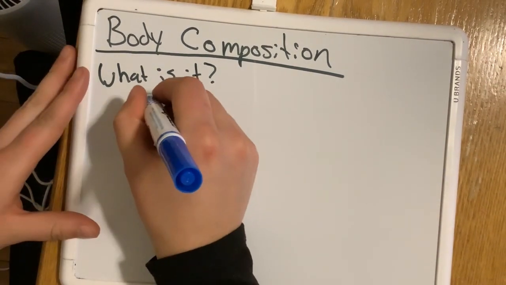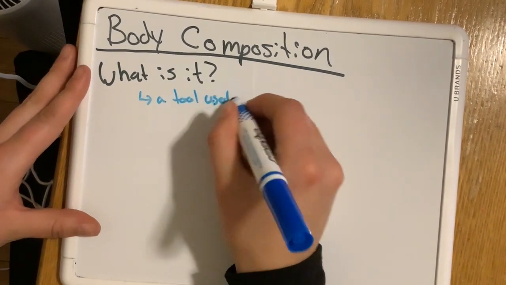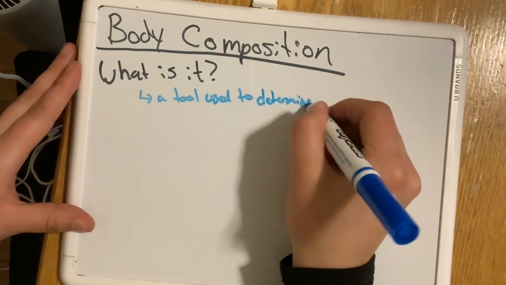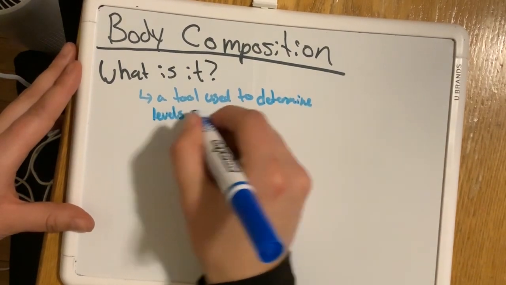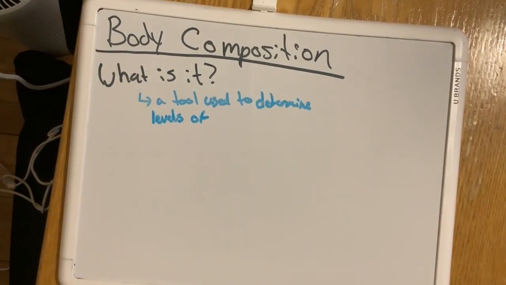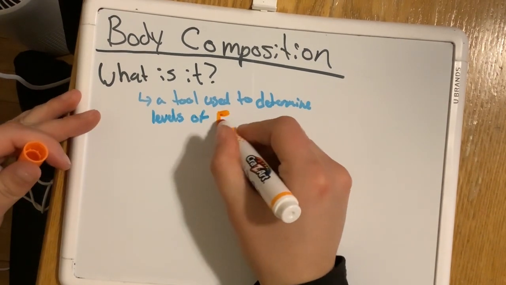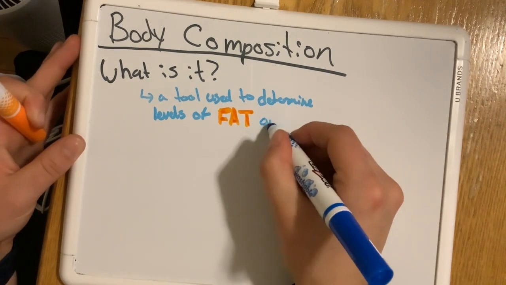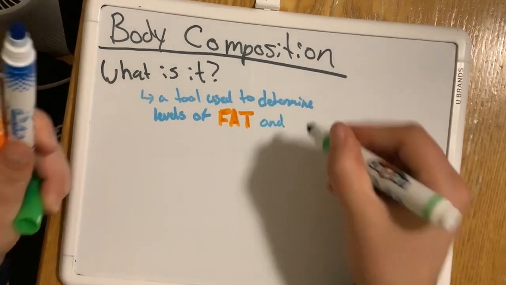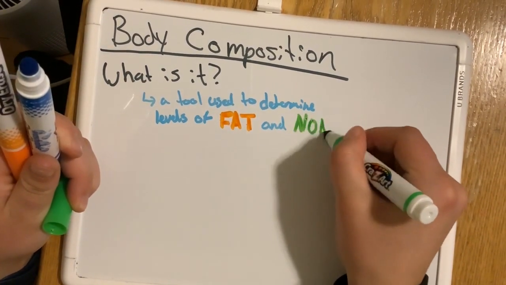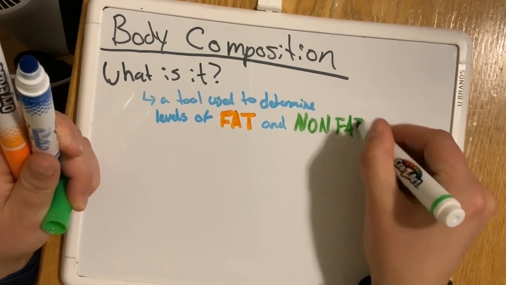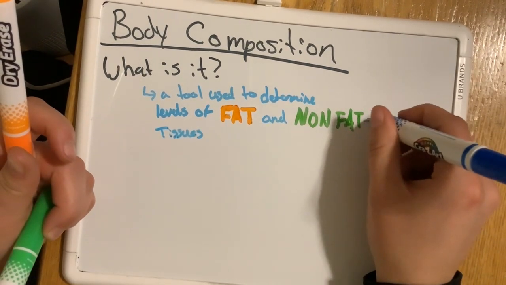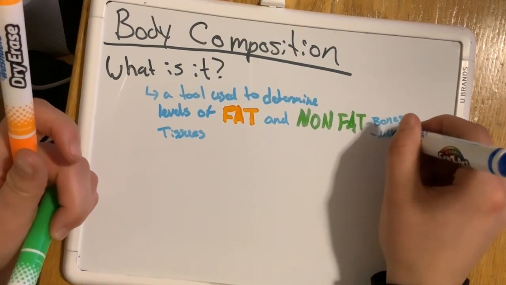Body composition is a tool that we use to determine the levels of fat in our body, fat tissues, and then also non-fat tissues. Our non-fat tissues consist of things like muscle, bone density, and also the water within our body. So the reason that we compare these two is because a generalized weight that doesn't separate it might look differently.